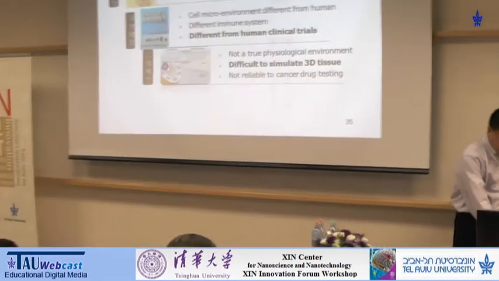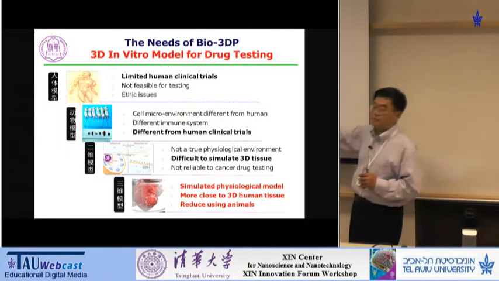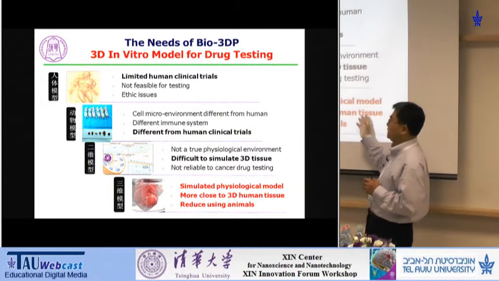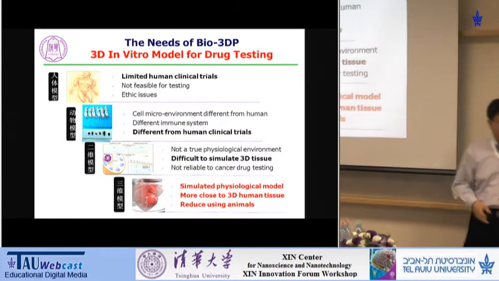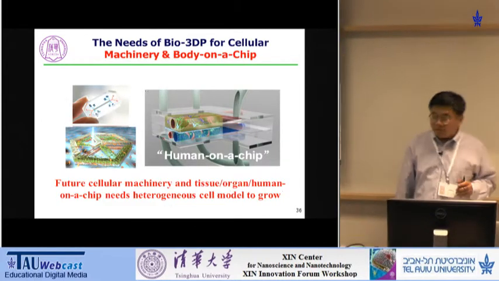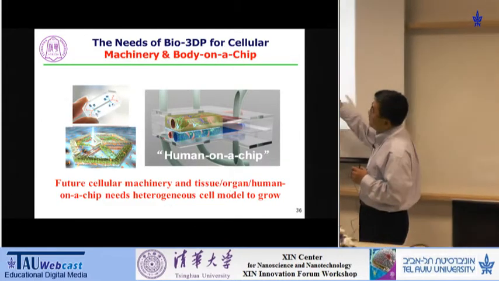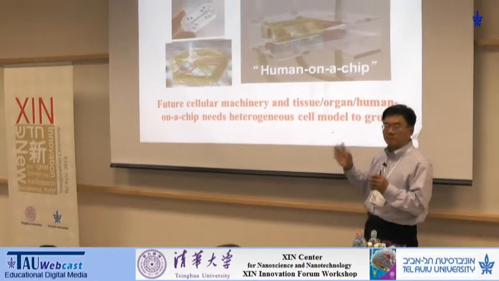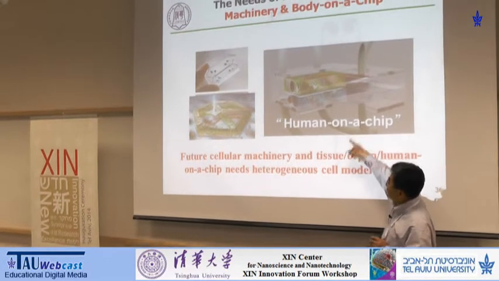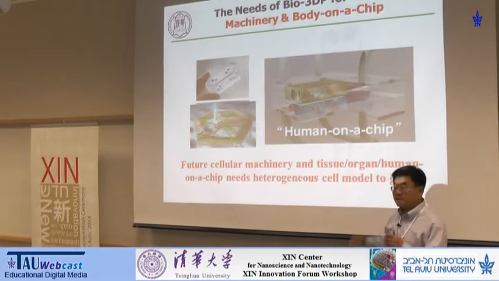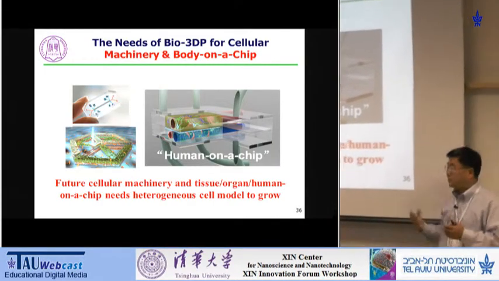That's why we need what we call three-dimensional, in vitro, simulated human tissue, but built outside the body. We are not just using this as a simple tumor, and in this last slide we have the human on chip. So we really get into organ printing together.